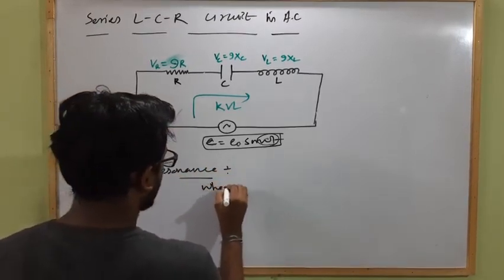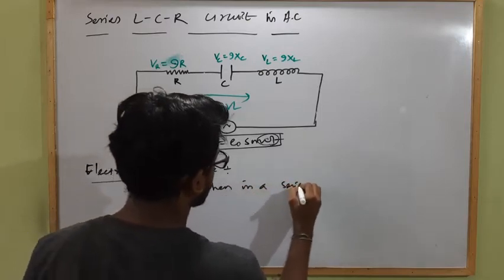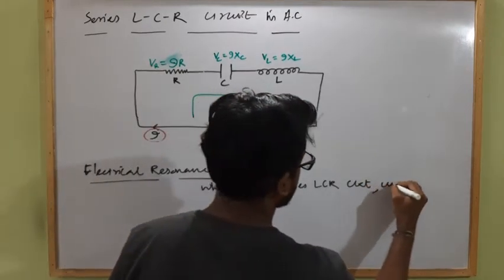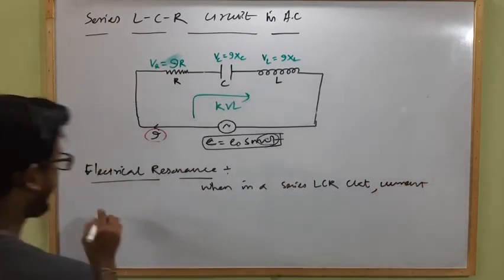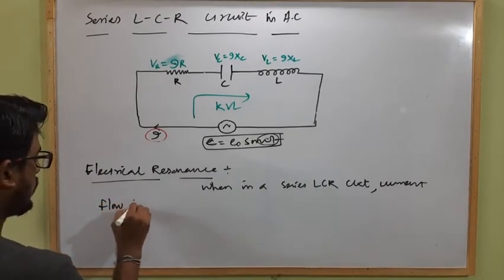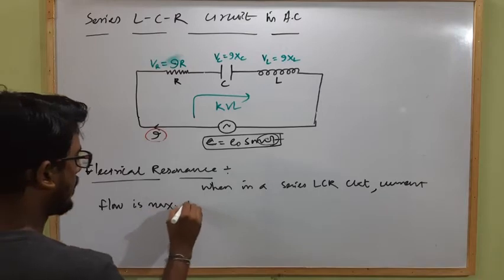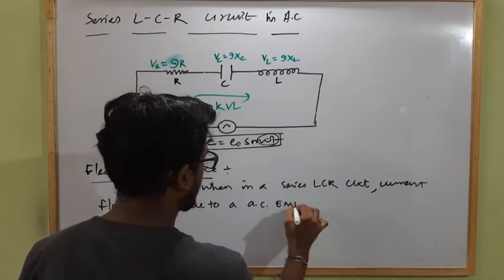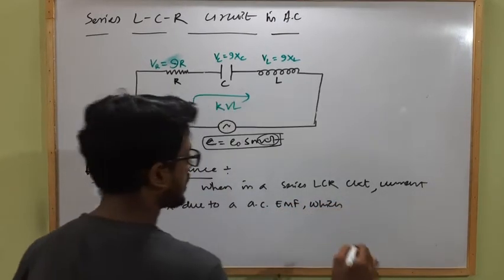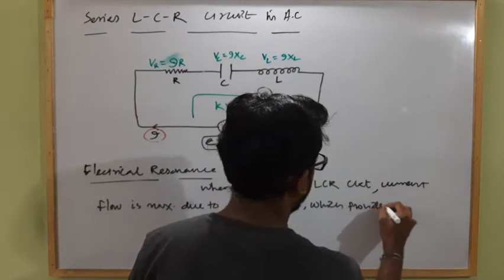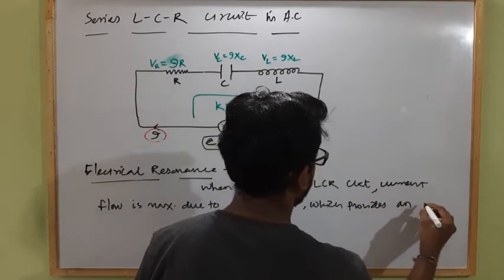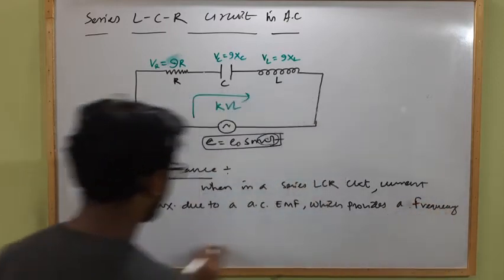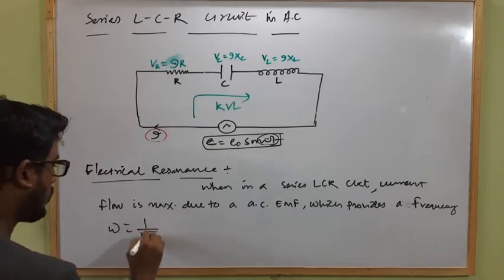So when in a series LCR circuit, current flow is maximum due to an alternating current EMF which provides a frequency omega equal to 1 by under root LC.